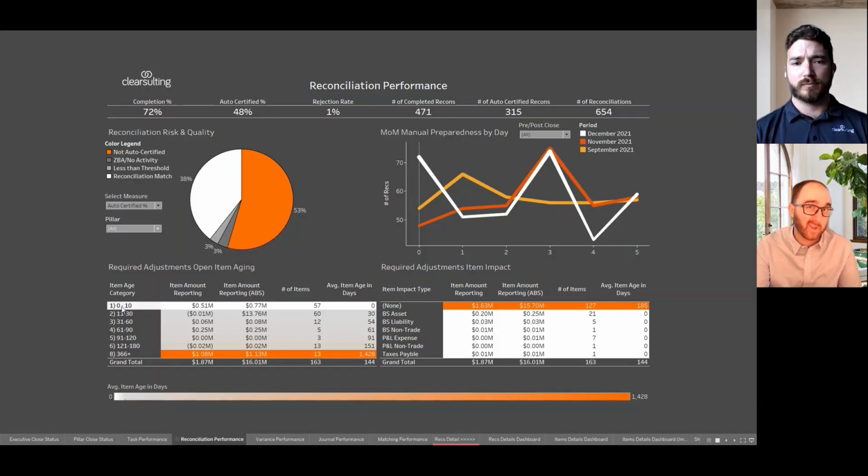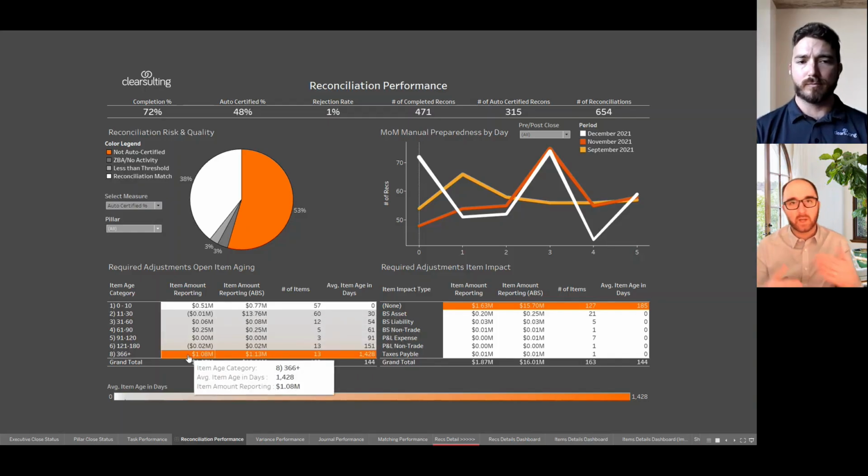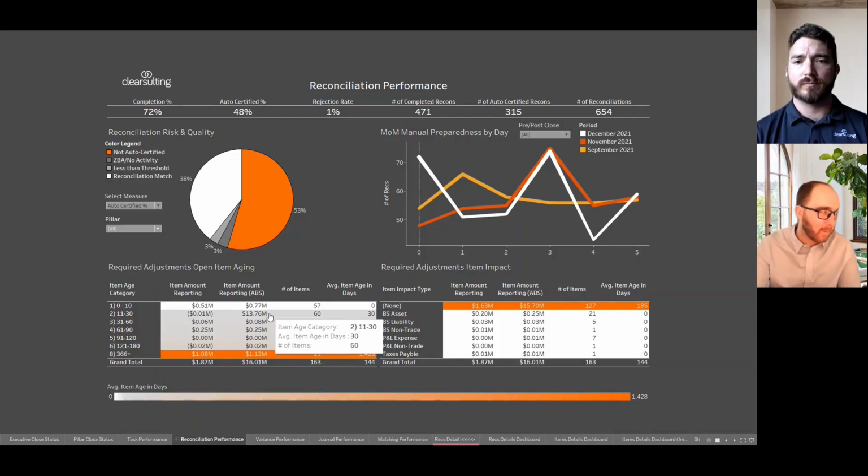How old are these items? When did they originate versus where are we looking at them from? And then looking at both nominal values as well as absolute values. We could have a situation where we've got lots of items, debits and credits, washing together, and it looks like we're not really having an impact, but there may be more of a story to tell when we look at them on an absolute basis, where we can sum up and really see the true volume of the activity and the relative risk associated with these required adjustments.